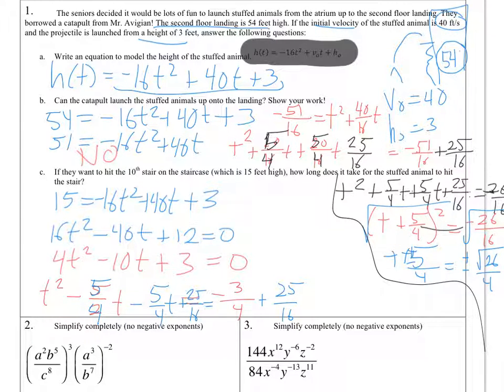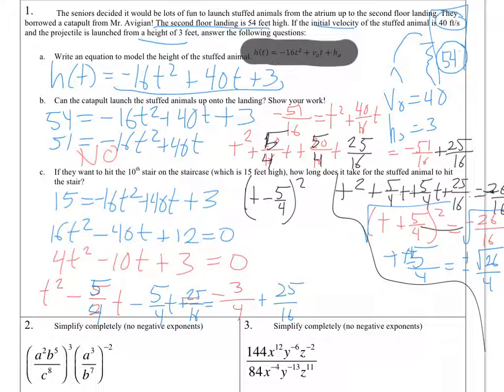Give myself a little bit of room. We end up with t minus 5 over 4 squared. I wonder if I lost a negative on the other side. I totally did. But that's okay, because the negative on the right side would have stayed the same.